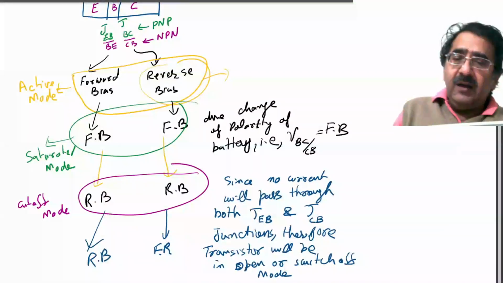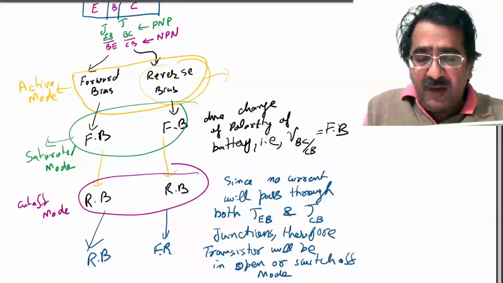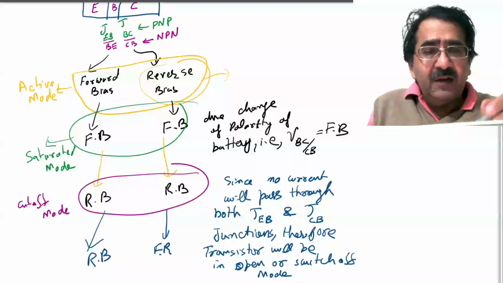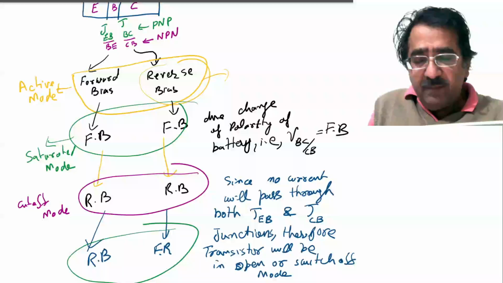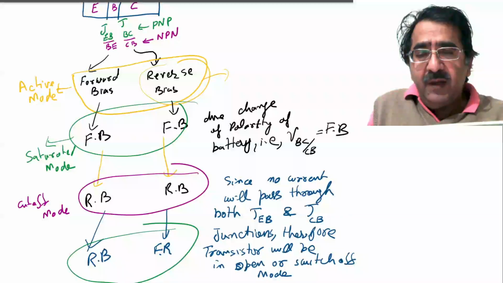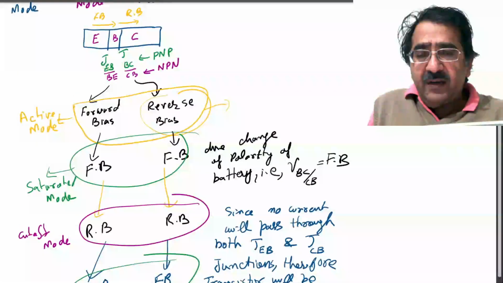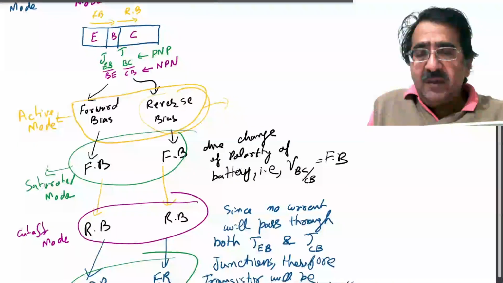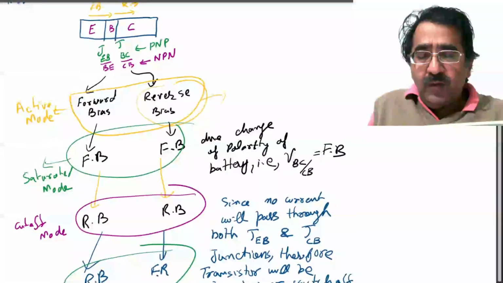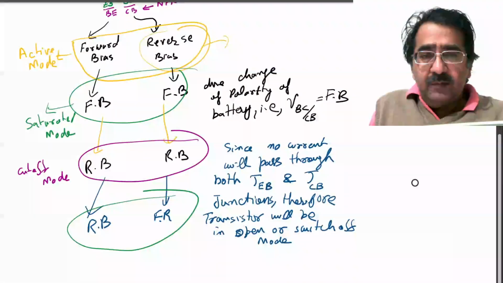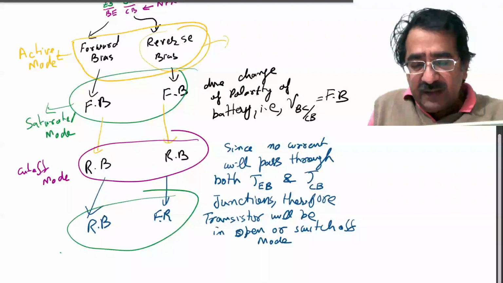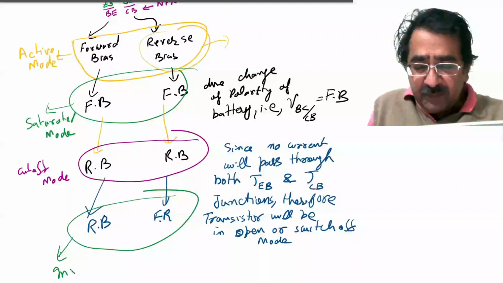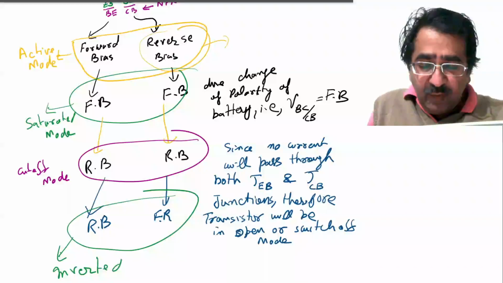So this means a collector becomes an emitter and emitter becomes a collector, because these are inverted. In this case the collector behaves like an emitter and the emitter behaves like a collector. So the mode will be changed into the inverted mode. So this mode will be defined as inverted mode.